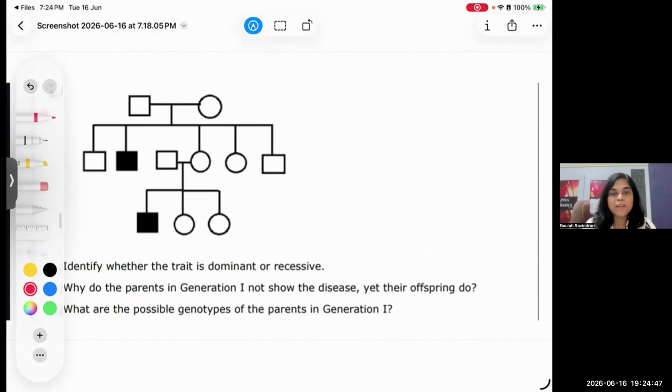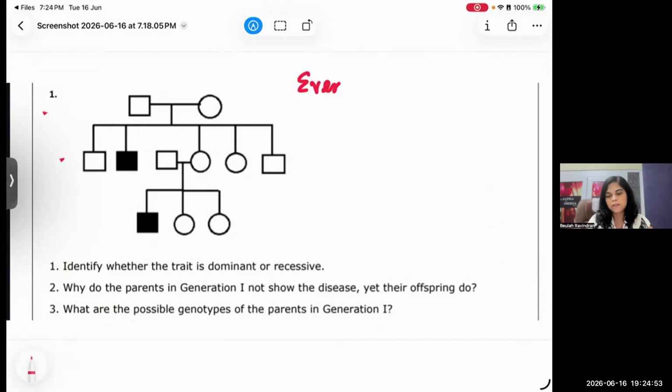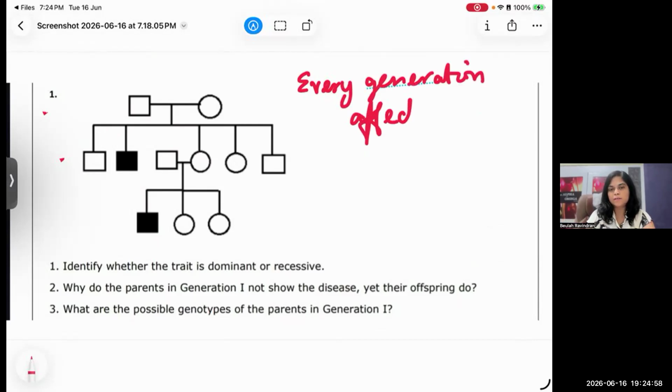So every generation affected means dominant. Only males affected, what is the answer?